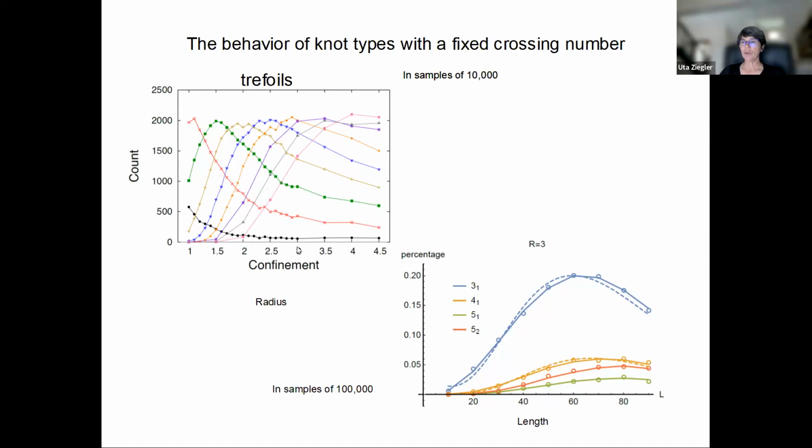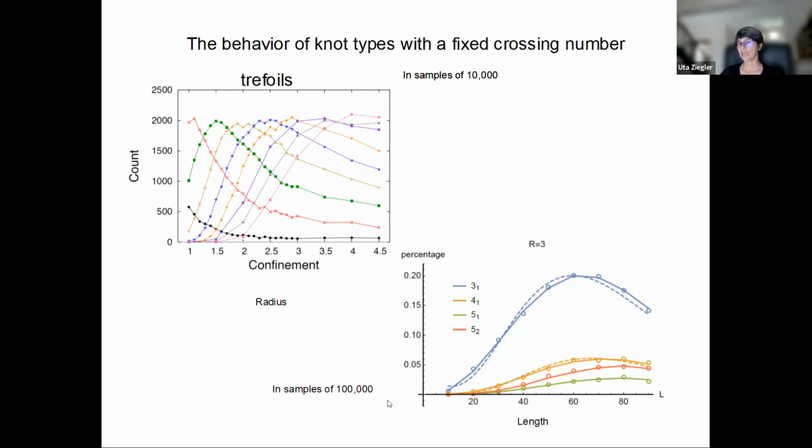Before, we also think about fixing a radius of confinement. So for example, 3, and then we can go from length 10 all the way to 90, going up and then down. The picture you get is something like this. So now we have a length on the x-axis and we have a fixed radius of confinement, 3. And you also see a kind of curve we get.